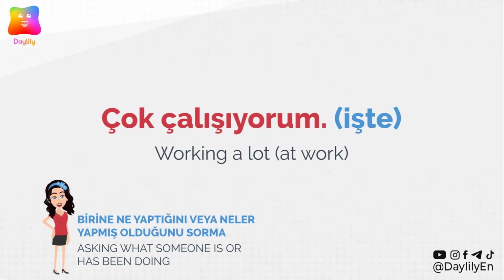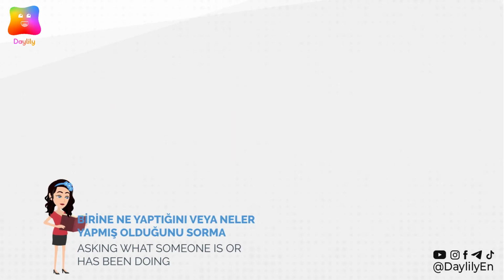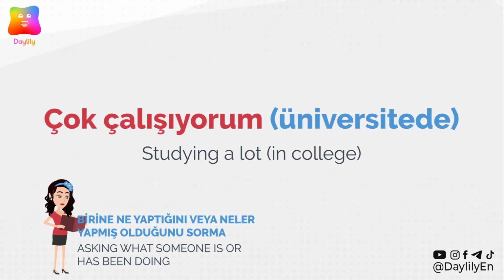Studying a lot. Çok çalışıyorum. And in this one, we mean we are studying a lot at the university with our lessons or whatever. But the verb is the same, so it depends on the context.